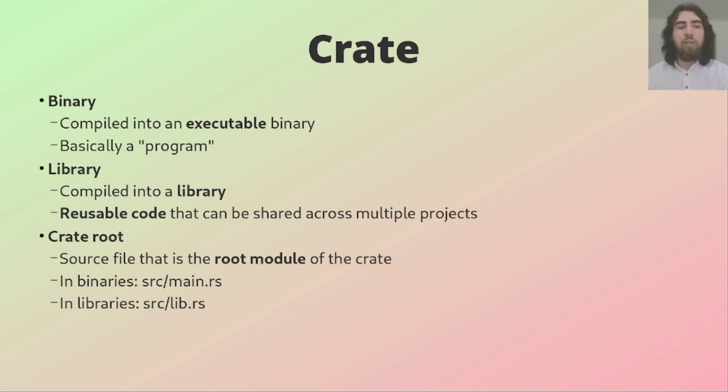And a library crate is compiled into a library, and it doesn't contain a main function, but it's considered a collection of reusable code that can be shared across multiple projects. And the crate root is the source file that is the root module of the crate. In binaries, it would be src/main.rs, and in libraries, it would be the file lib.rs.